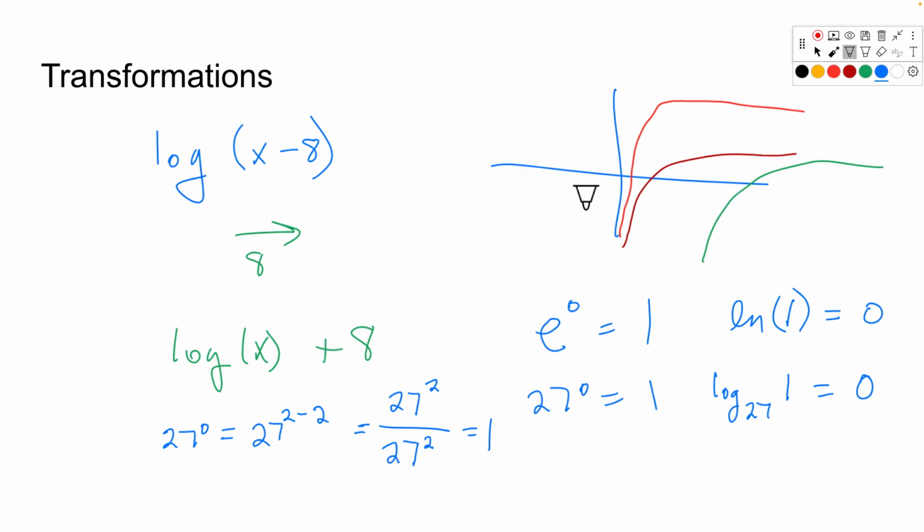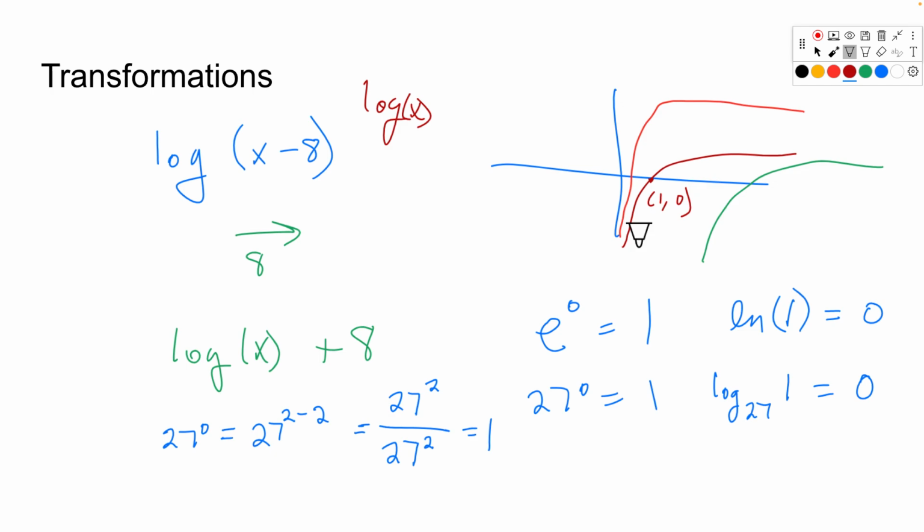So like that first one I drew right here, this point is going to be 1 comma 0. When I drew this, this was log of x. Plug in 1, the y value is 0. Now all these other ones I translated, so that changes it.